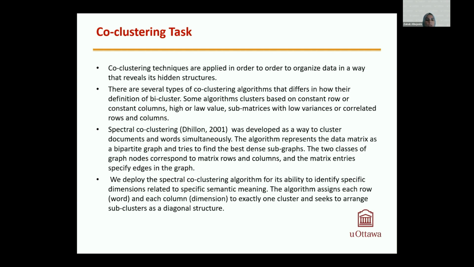We deploy spectral co-clustering because it has the ability to identify specific dimensions related to a specific semantic meaning. The algorithm assigns each row, in our case a word, and each column, in our case a dimension, to exactly one cluster and seeks to arrange the subclusters in a diagonal structure. We can see an illustration later.